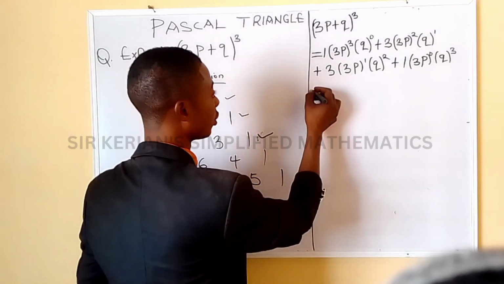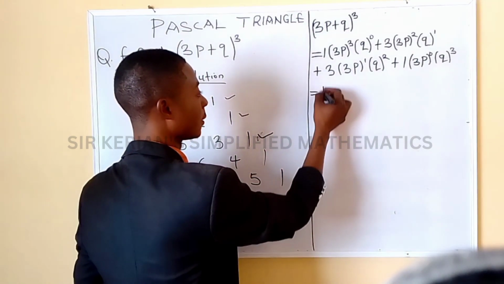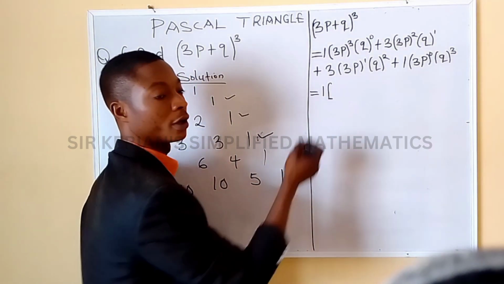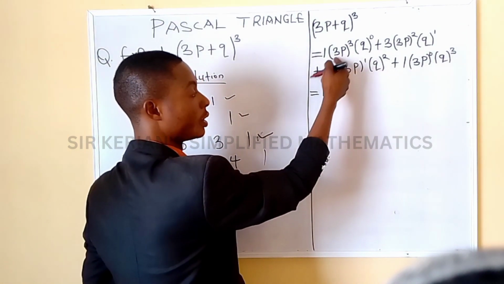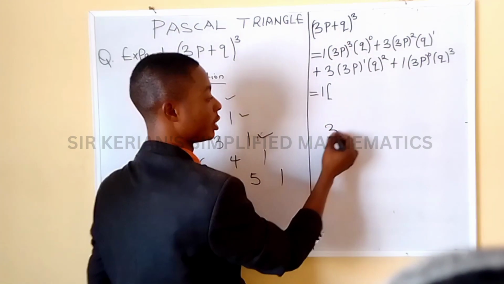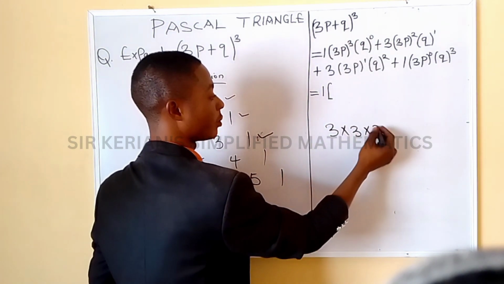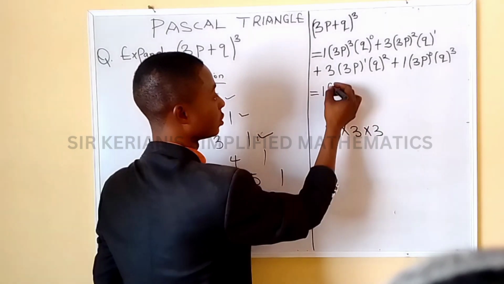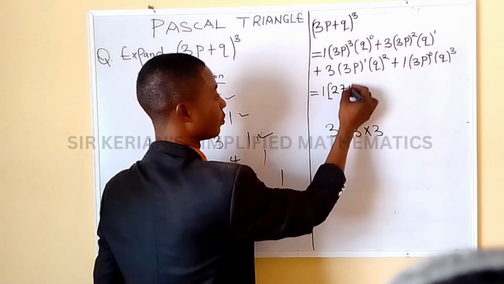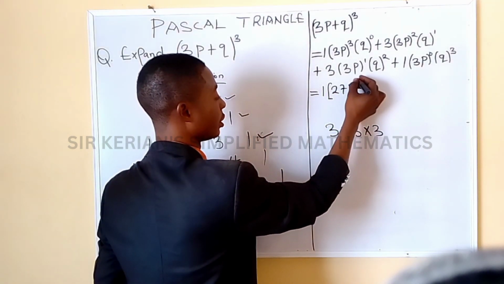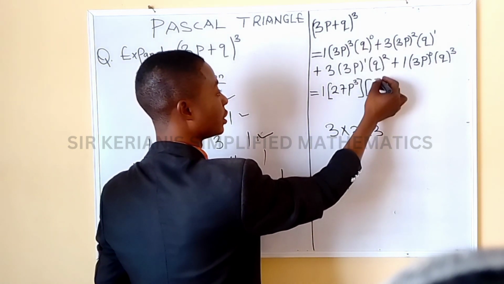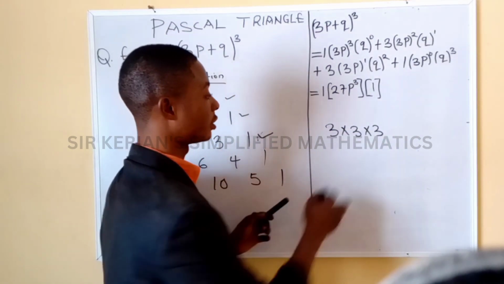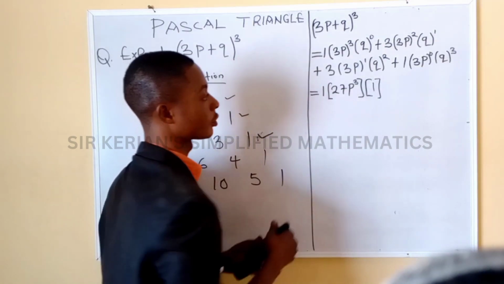Okay, so this will be equal to, still write your 1 times 3, here standing for both 3 and p. So 3 to the power of 3 is just like saying 3 times 3 times 3, that is 27. So we have 27p cubed. q raised to the power of 0 is 1, because any number raised to the power of 0 is 1.